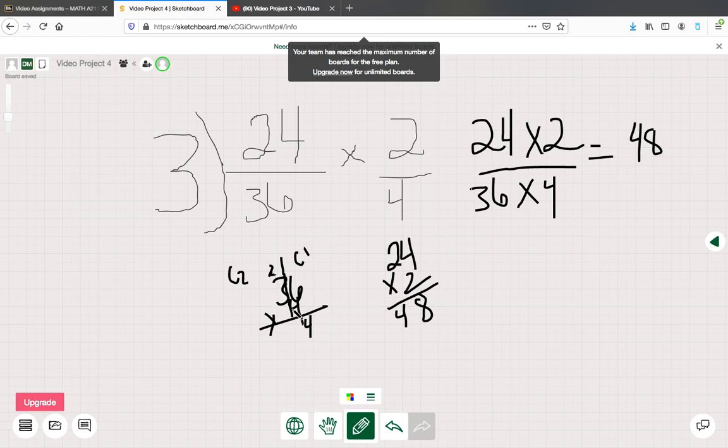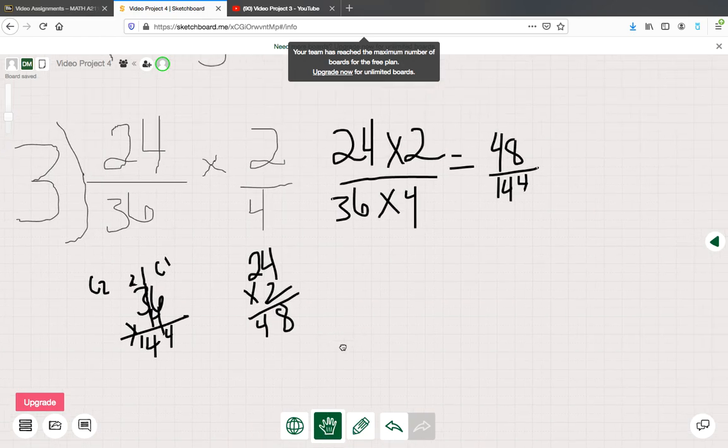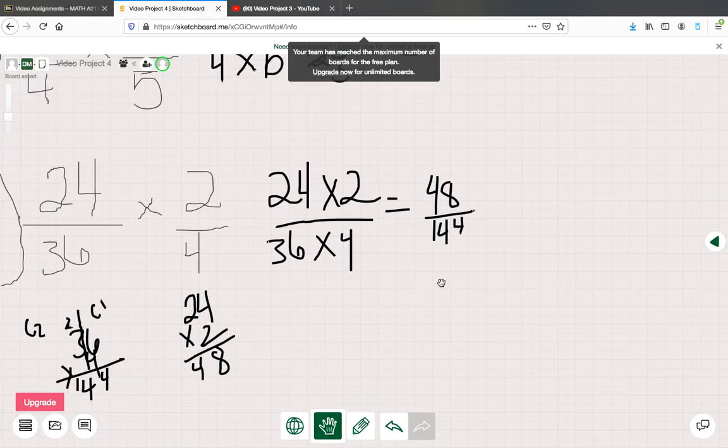And I'm going to multiply 4 times 3 is 12, and we're going to add this 2. So it's 12, 14, 144. Our answer is 48 over 144.